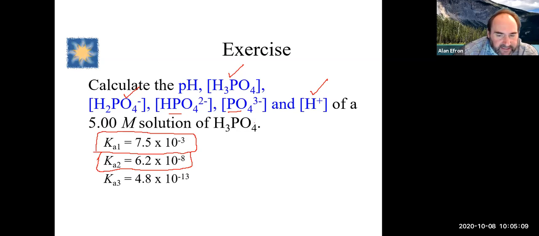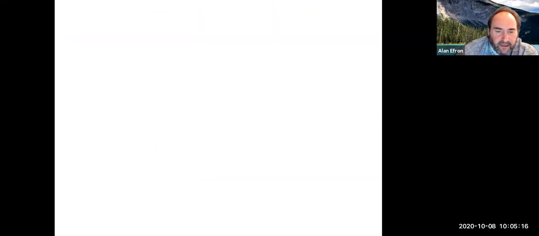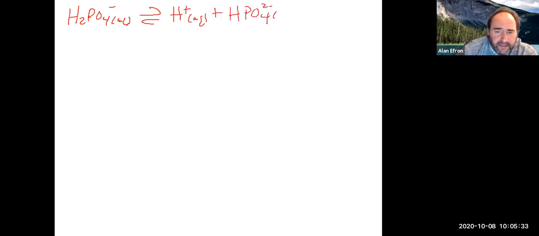So the next step would be that the second H would come off. So remember, when the second H comes off, what we have going is H2PO4 minus. We'll then lose that second H plus and leave us with HPO4 2 minus. And this would be our Ka2 value that we saw there, which was 6.2 times 10 to the minus 8.